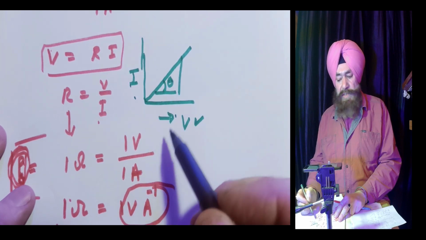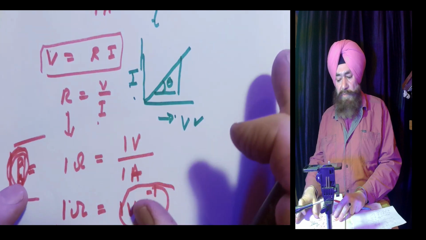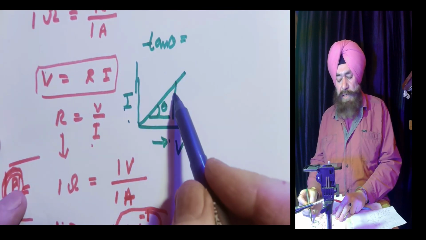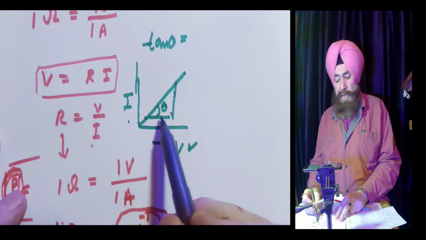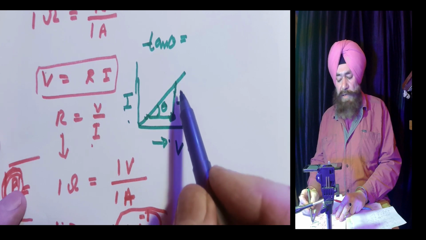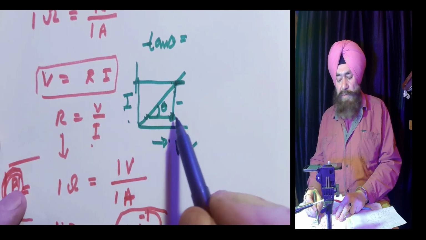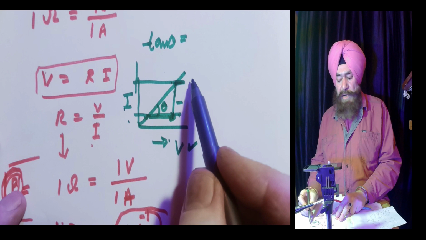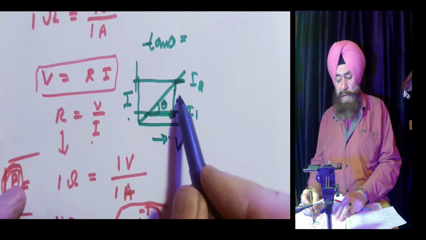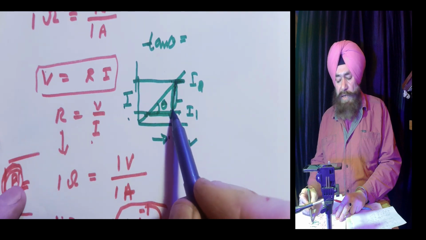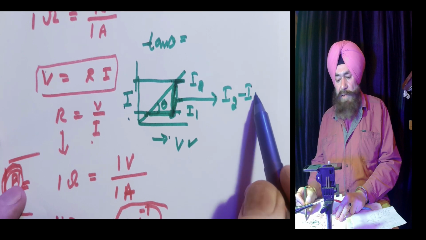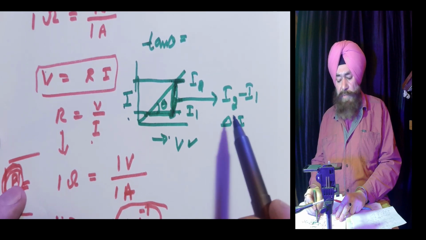This angle is theta. What is tan theta? Tan theta is perpendicular divided by the base. Okay, what is perpendicular? You know, this current I2, I1, and here to here is I2 minus I1, meaning delta I.